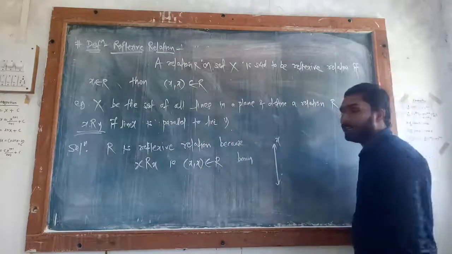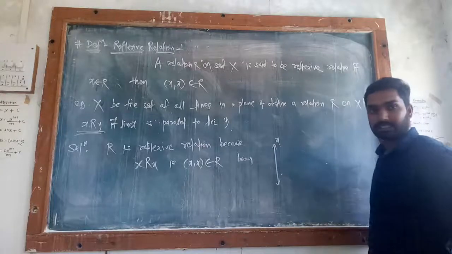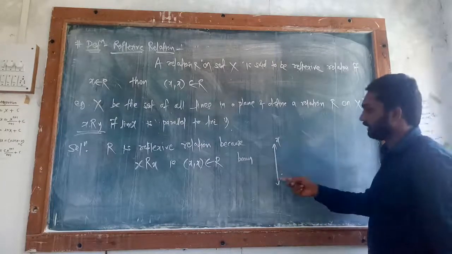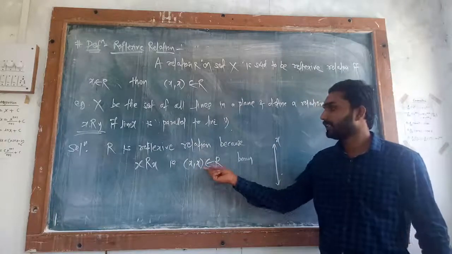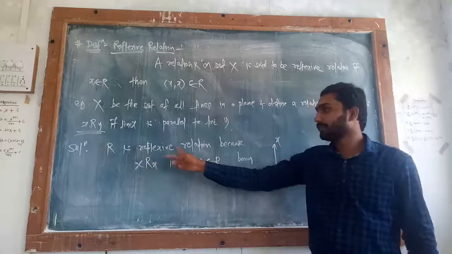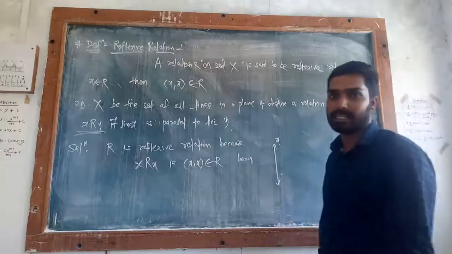This line x is parallel to itself. Therefore (x, x) is a member of R. Therefore x is related to x. That means R is a reflexive relation.